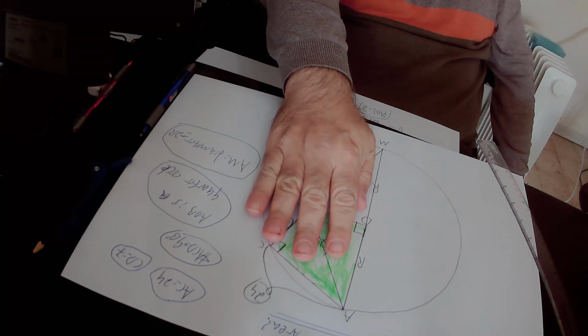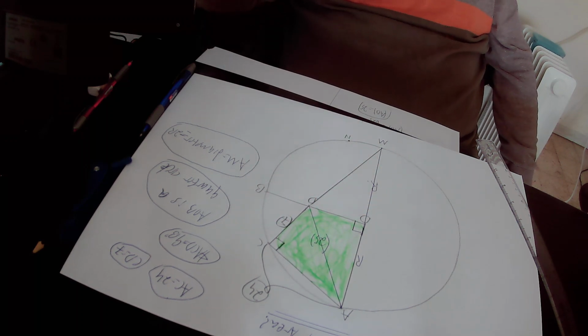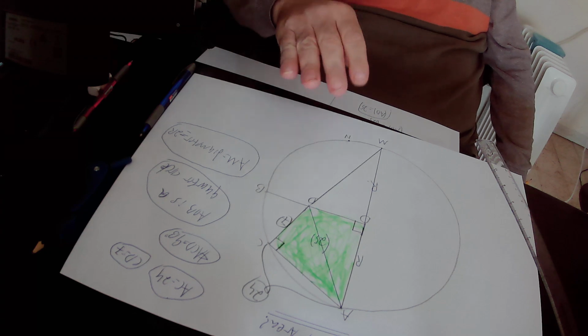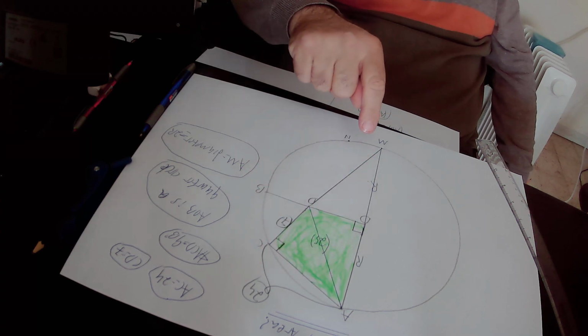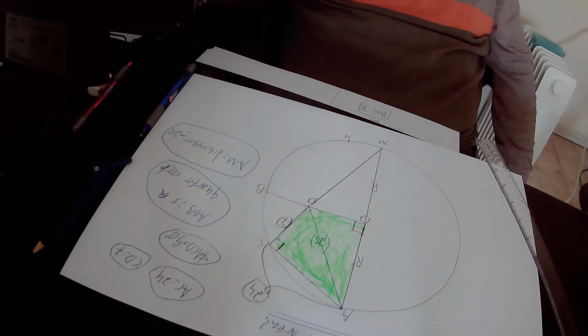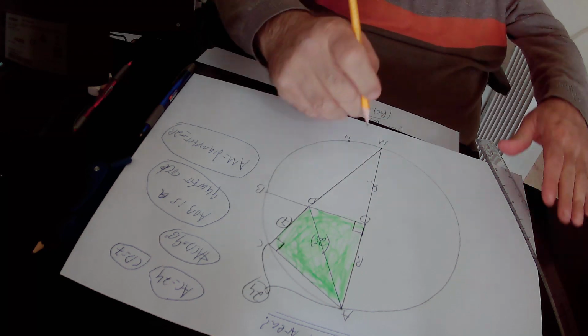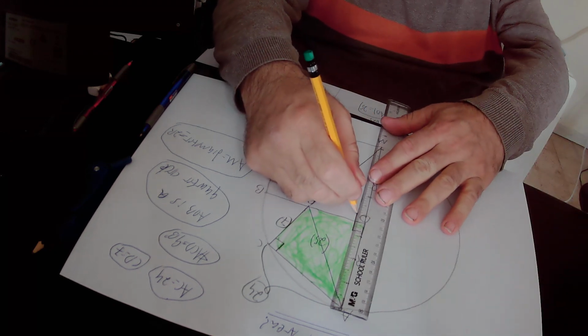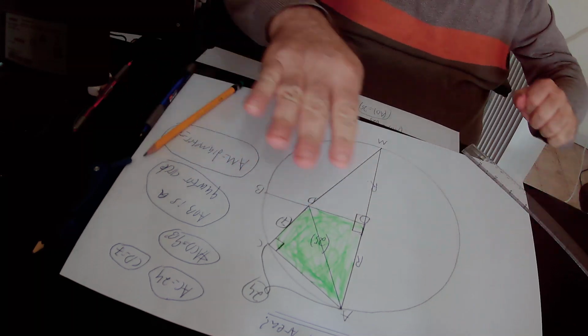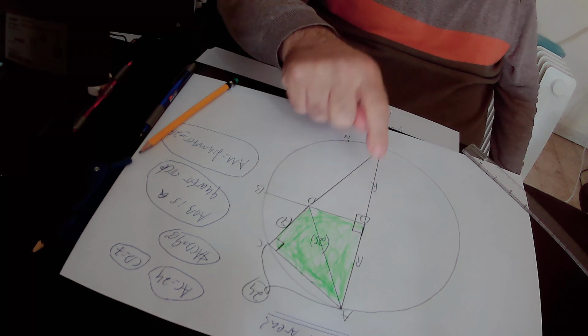So on this side of the straight line AM at point O, the sum of the angles must be equal to 180 degrees, according to the rule that the sum of the angles on one side of a straight line is equal to 180 degrees. Which angles do we have at this side of AM at point O? We have this angle that is equal to 90 degrees plus the missing angle. In total, it must be equal to 180 degrees. Therefore, the missing angle here must be equal to 90 degrees.